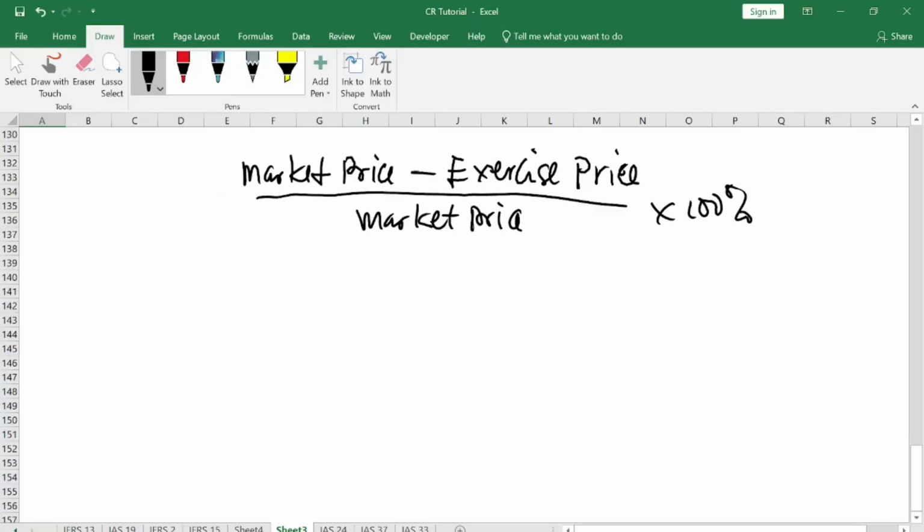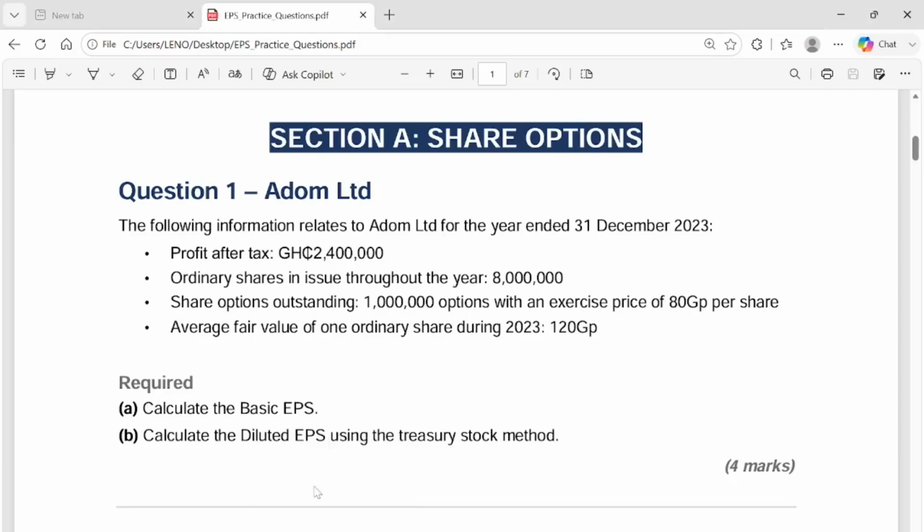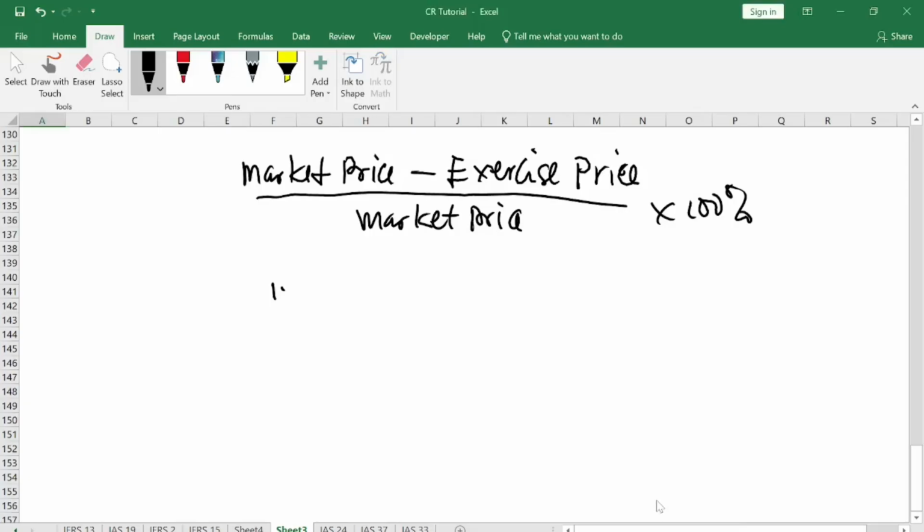In this question, the market price per share is 120 pesos and the exercise price is 80 pesos. So you have 120 minus 80, all divided by 120, multiplied by 100%.